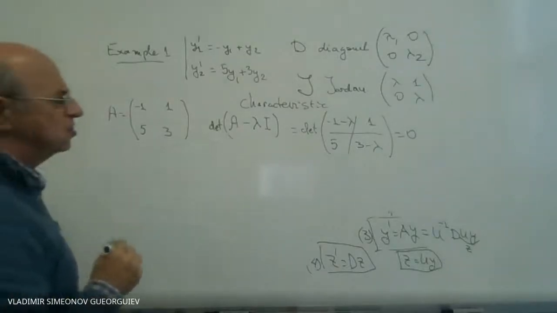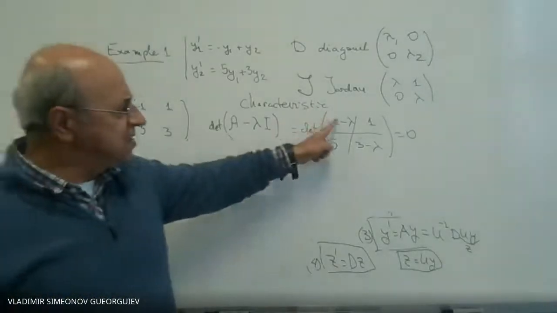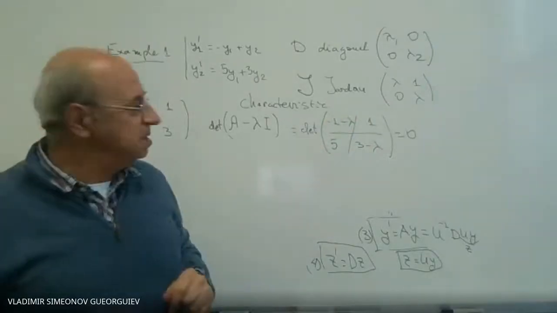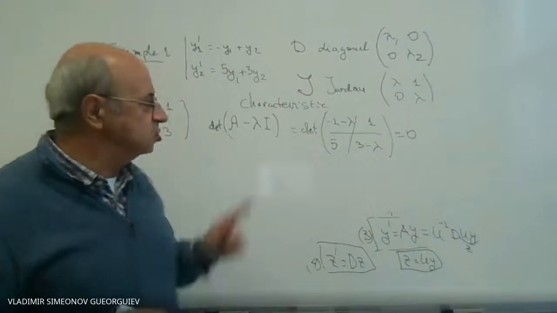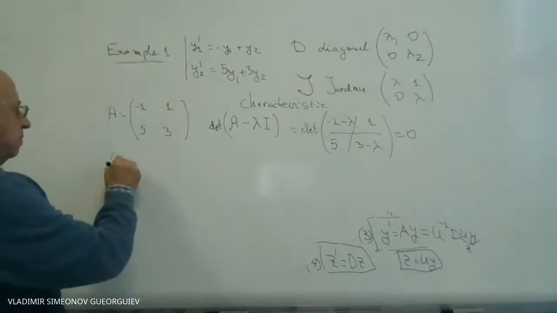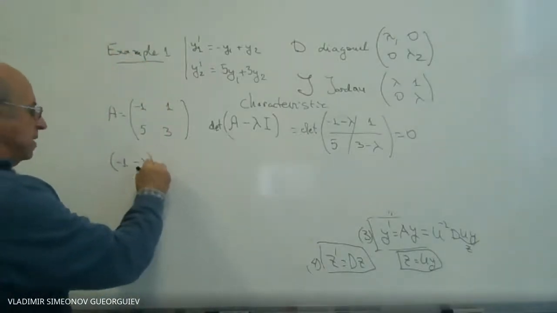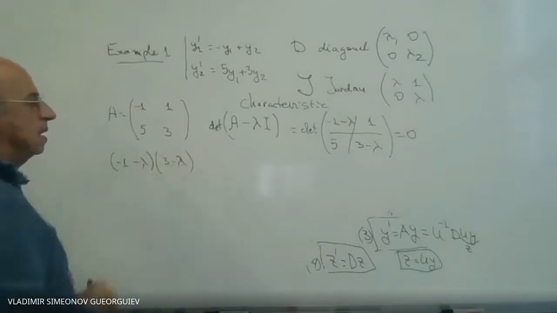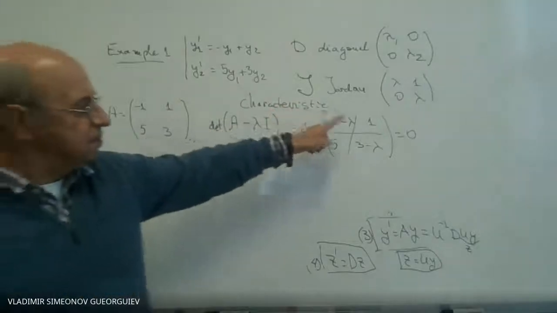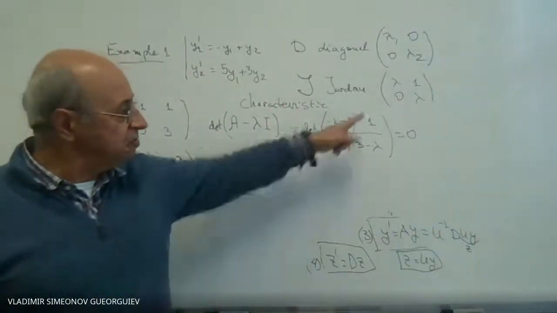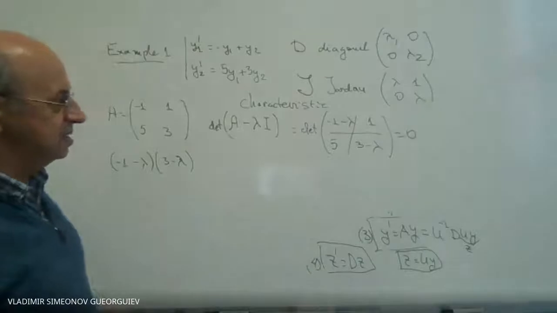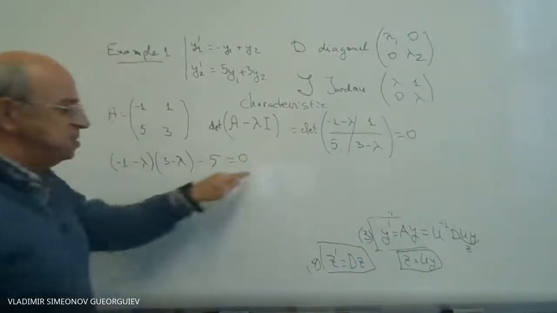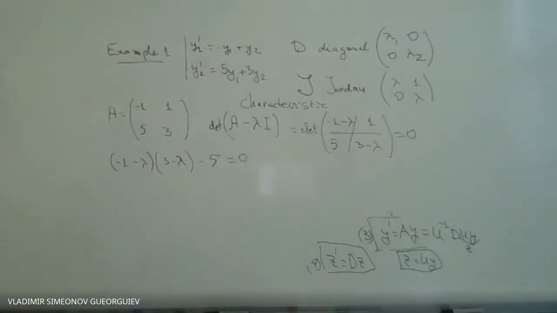Let us try to solve it. This by this minus this by this. This is the determinant. So we have minus 1 minus lambda times 3 minus lambda, product of the diagonals, minus the product of the anti-diagonal, minus 5, equals 0. This is our characteristic equation.